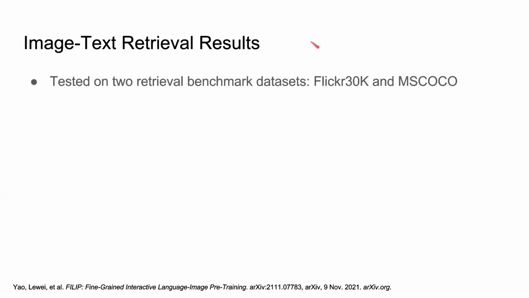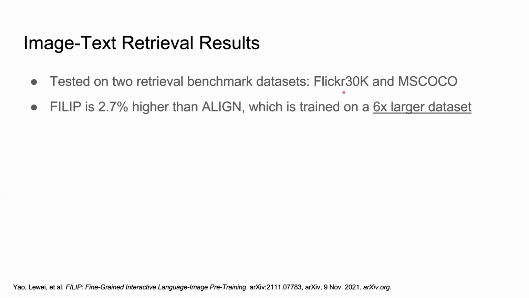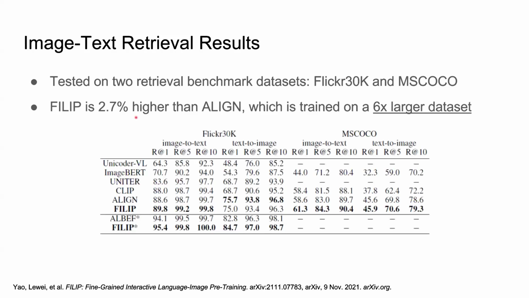So then let's look at the image-text retrieval results. This is the second test they evaluated on. It's tested on these two data sets, Flickr30K and MS COCO. FILIP claims they're roughly 3% stronger than ALIGN, and ALIGN did better than CLIP on this task.